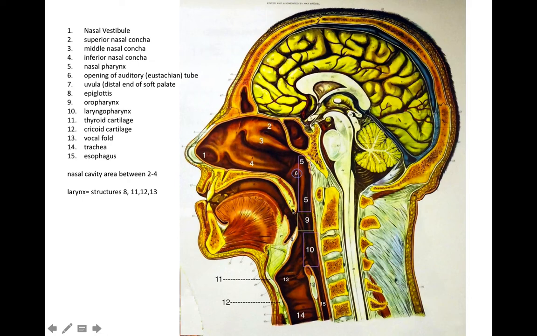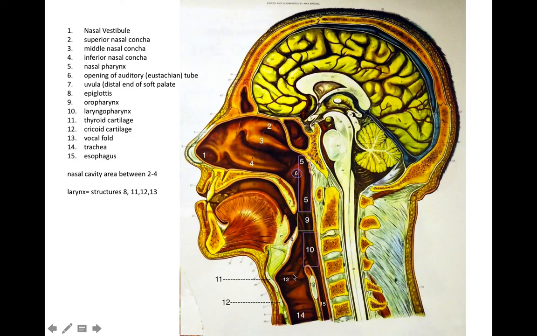We'll look at that in a second. Structure number 8 is your epiglottis. We'll look at that shortly too. This is part of the larynx, and it is elastic cartilage, this epiglottis. It's going to go down and cover the airway when you're eating and drinking, so food and drink don't go down into the airway.